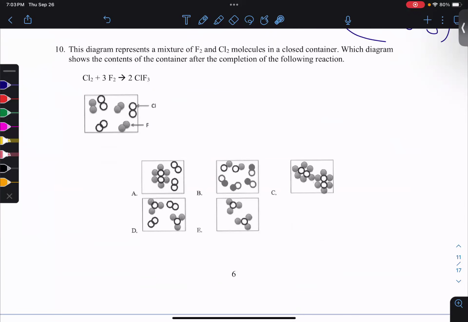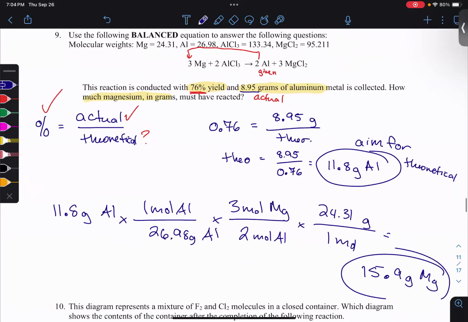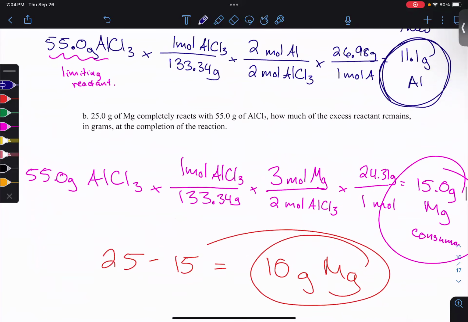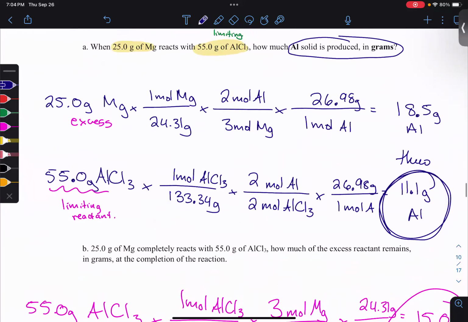Here are the reasons. When we use a BCA table, what does BCA stand for? Before, change, and after. But the caveat of using these tables is that they must be in the unit of moles, or particles. But in all of these questions, were these in moles or particles? No, they were in grams.